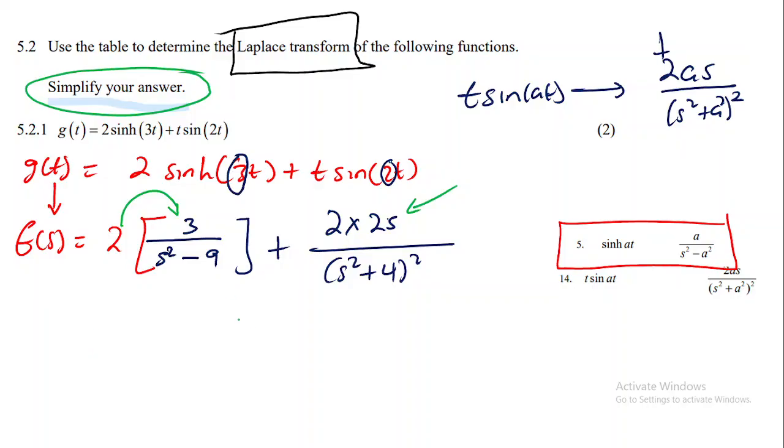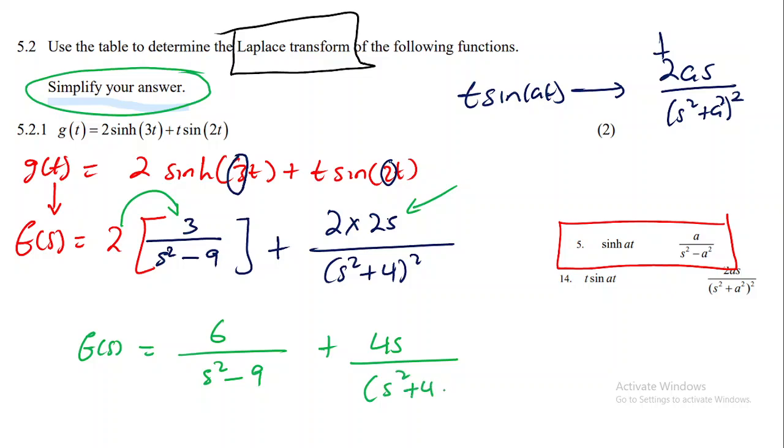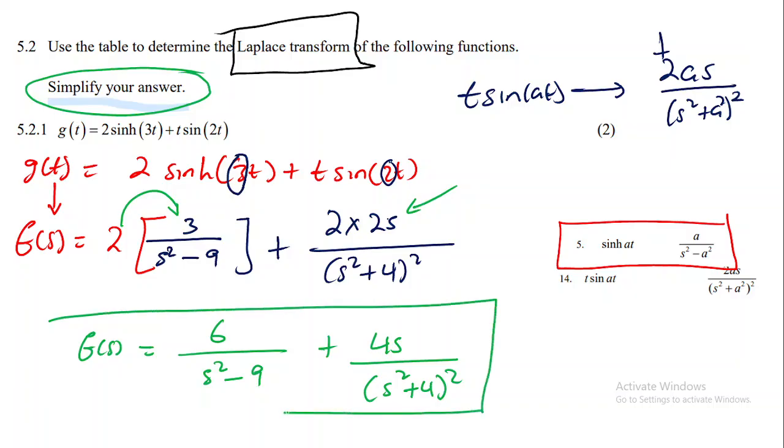So basically our final answer is going to be g of s equals 6 all over s squared minus 9, plus 4s all over s squared plus 4, all squared. This is how you are supposed to obtain these 2 free marks without even actually thinking. Thank you.